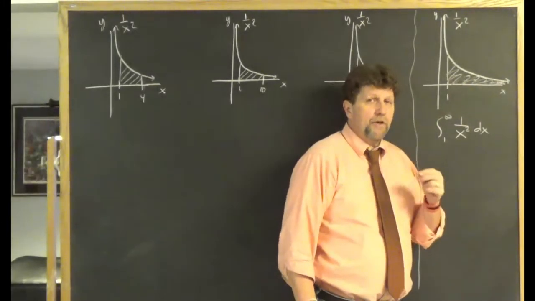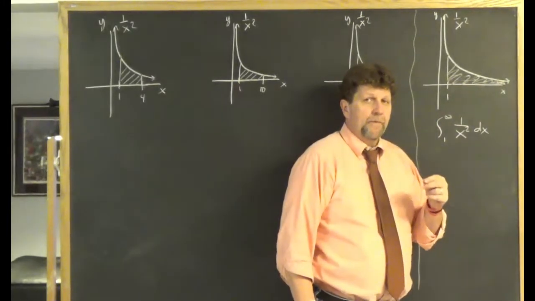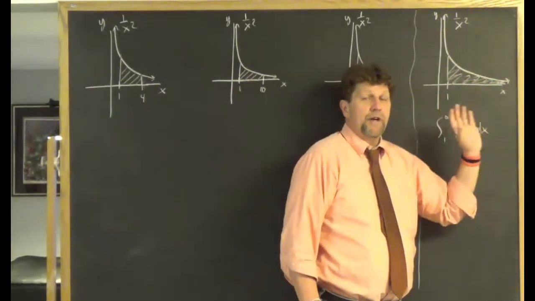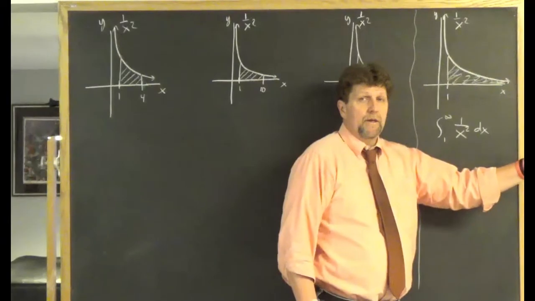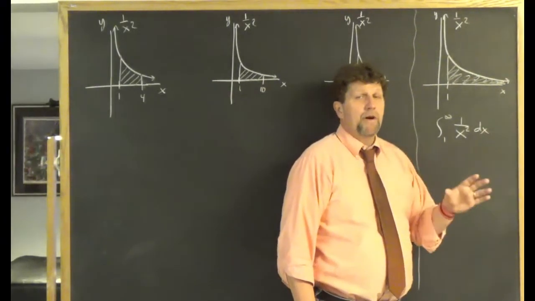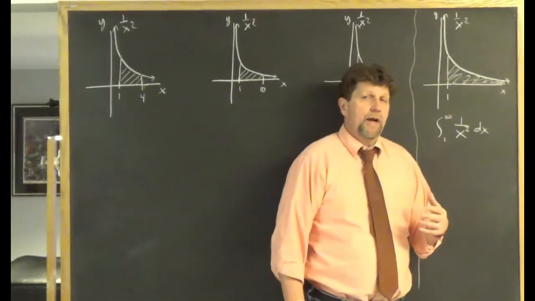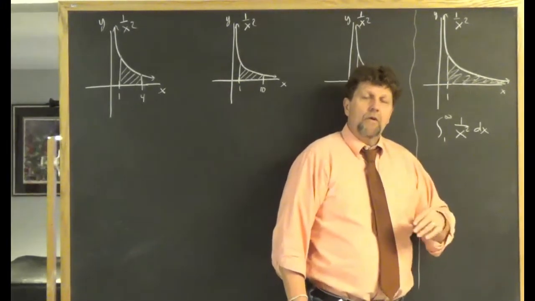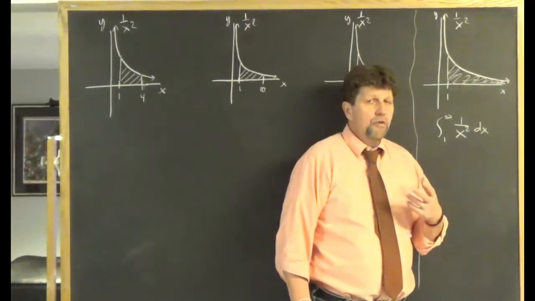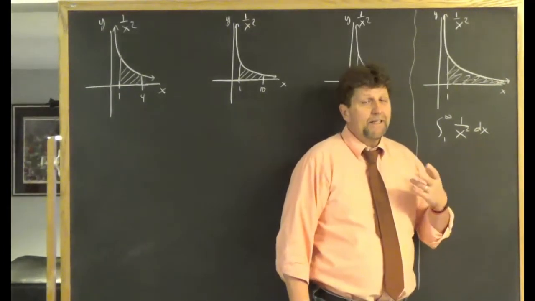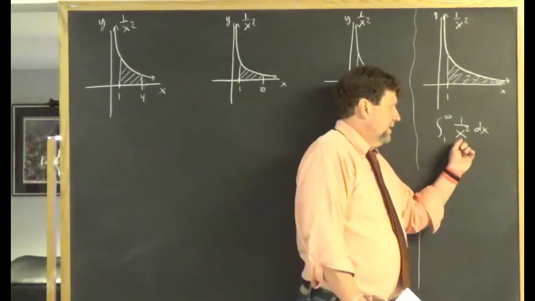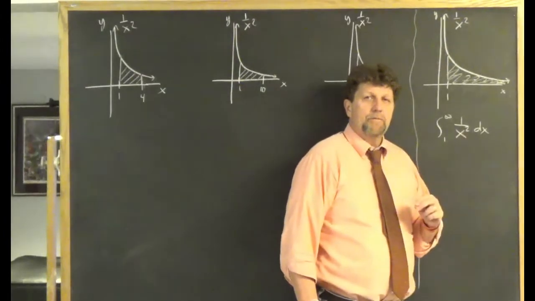Now I know part of your intuition might be saying that, if this region continues on forever and ever, there's no bound to it, it would have an infinite amount of area. That might be part of your intuition, and it's not correct. And that's okay. When the concept of infinity is in play, our intuition can tend to let us down sometimes. So let's see how we would attack this improper integral.